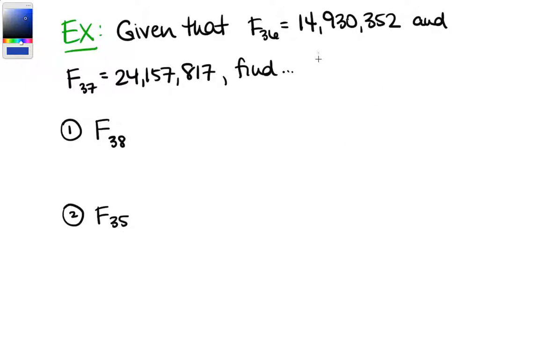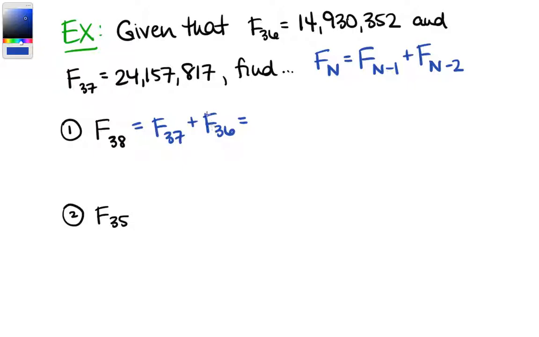What we're going to use here is this Fibonacci recursion that says to get one, you add the two previous Fibonacci numbers. So if we want to get the 38th, we add the 37th and the 36th, which is exactly what we have in our example.